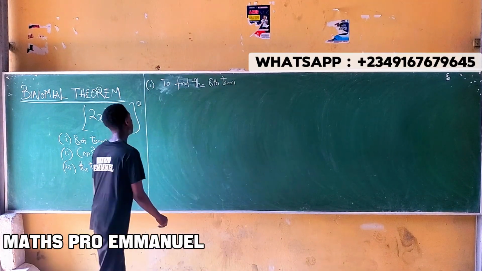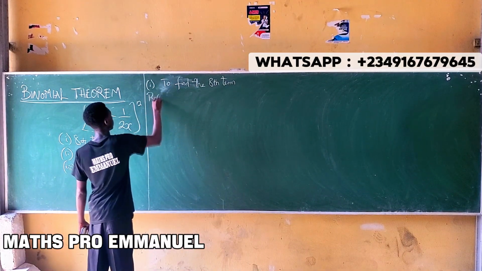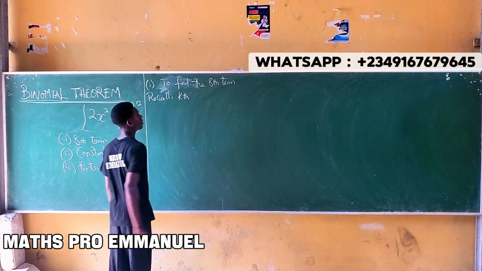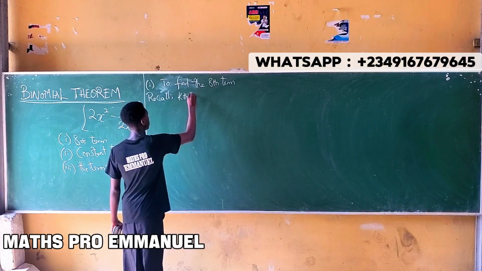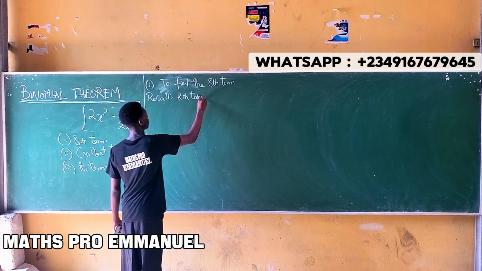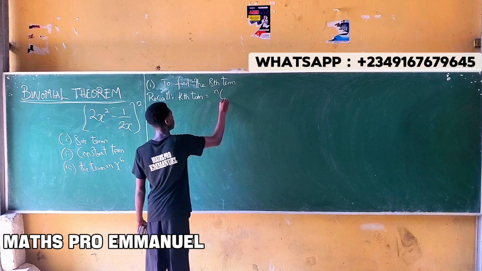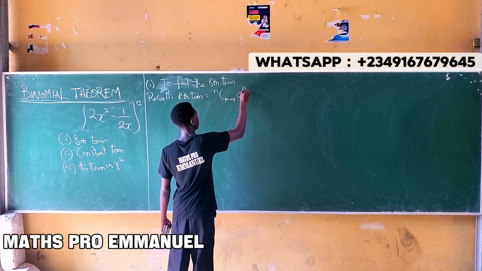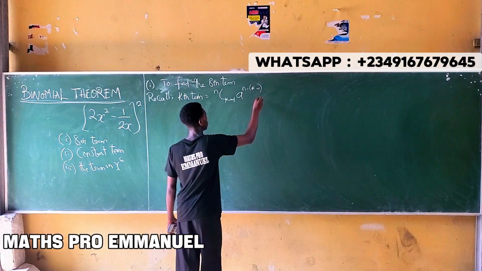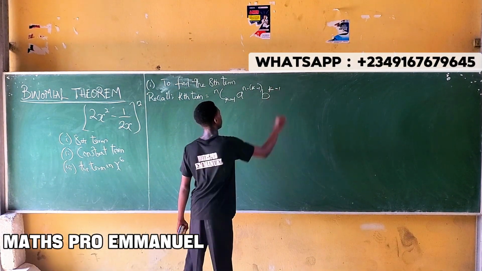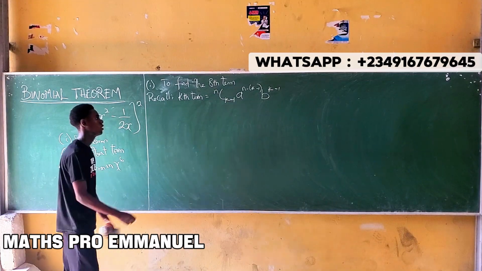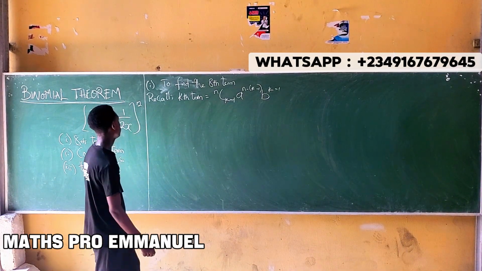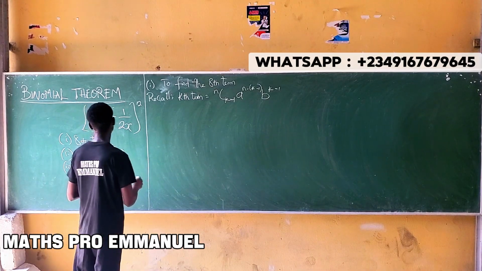Recall the formula: the kth term of any binomial expansion is equal to n combination k minus 1, times a raised to the power of n minus (k minus 1), times b raised to the power of k minus 1. This is the formula. You can go back to the previous video to see how it was gotten. I'll be using it now to find the 8th term.